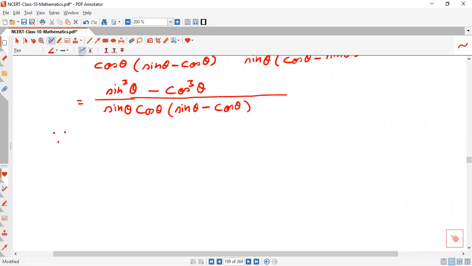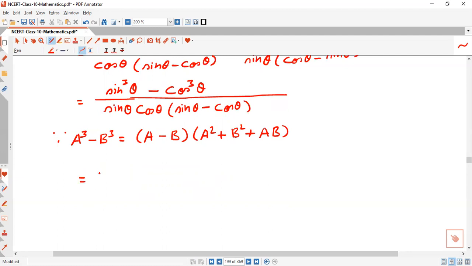We know the formula a cube minus b cube equal to a minus b into a square plus b square plus ab. We apply this formula on the numerator.